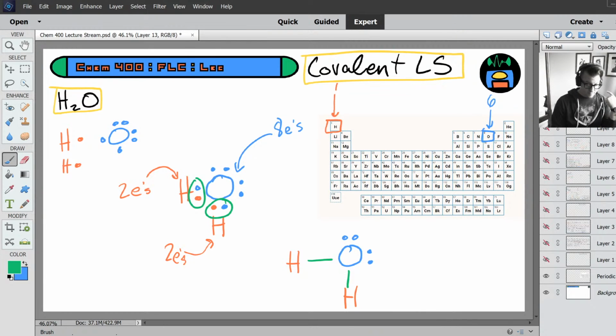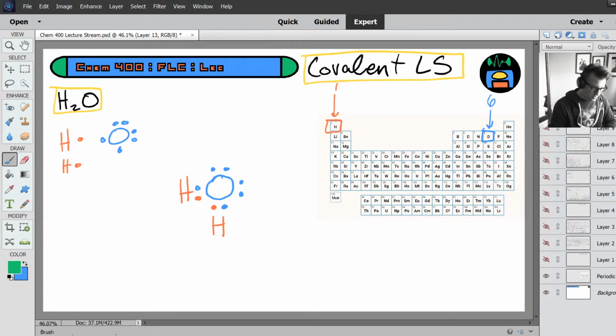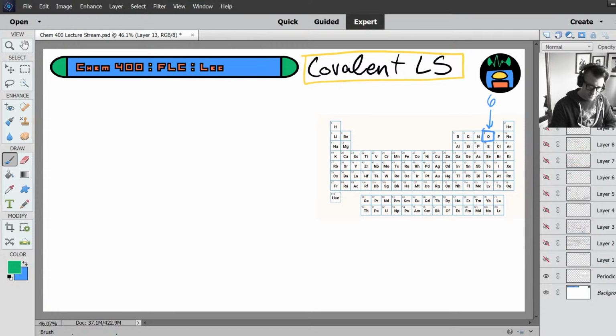Now, something that's important to point out here is you'll notice that I drew my Lewis structure of water like this.